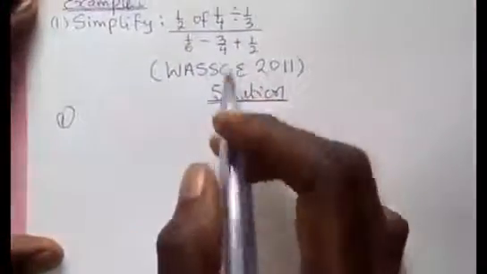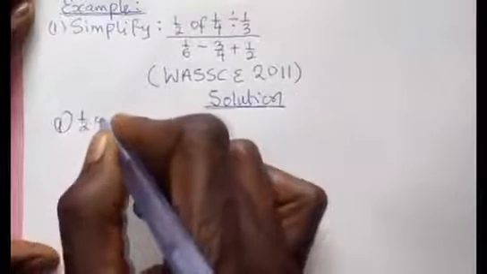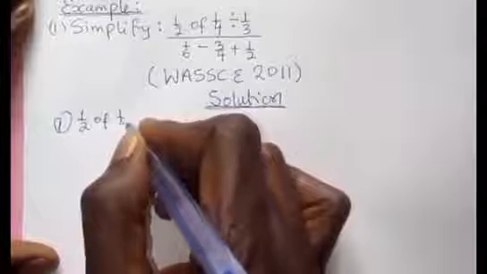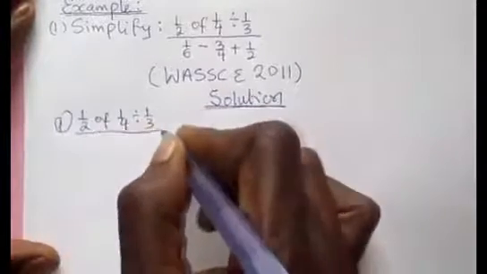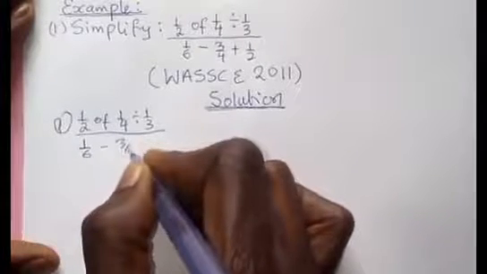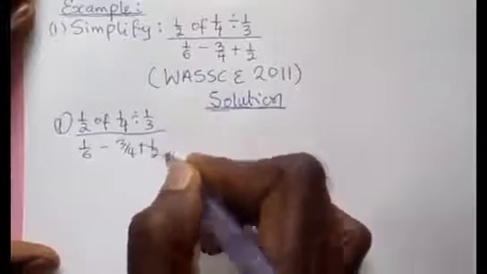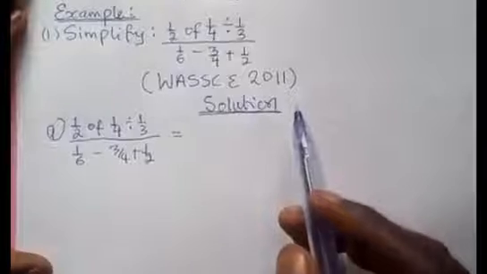Let us first of all rewrite this question out again. So we have 1 upon 2 of 1 upon 4 divided by 1 upon 3, then all upon 1 upon 6 minus 3 upon 4 plus 1 upon 2. Then we put our equality sign. Now, the first thing we do is this.